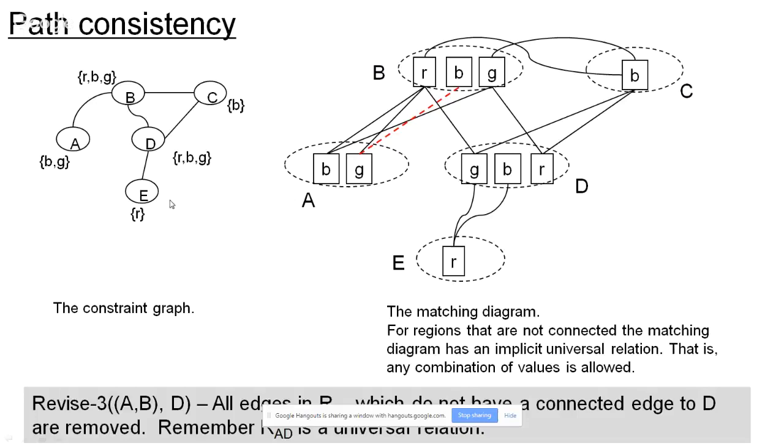you must remember that even though there is no edge between variable A and D in the constraint graph, it means it's a universal relation, and it means that any combination can be allowed.